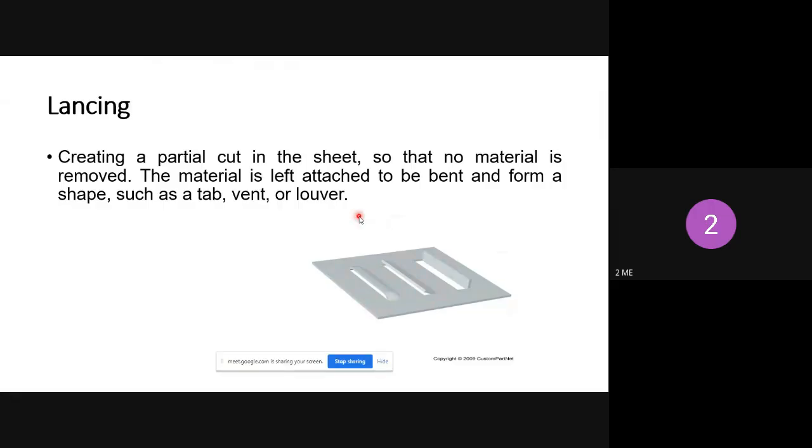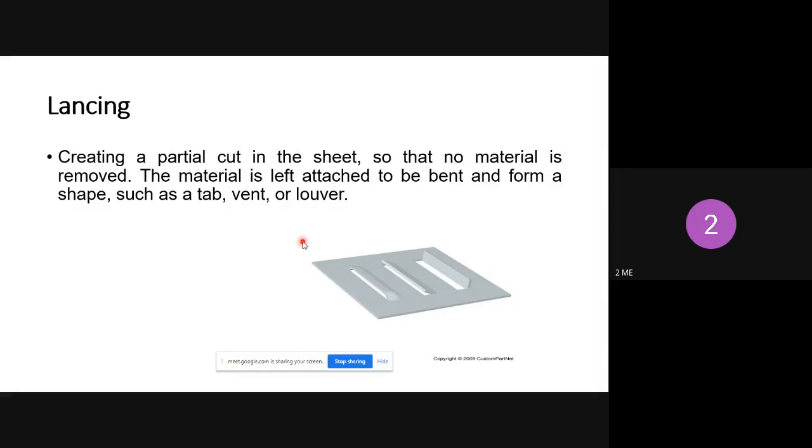Initially we mark the dimensions on the sheet metal, and a certain portion is cut with the help of a ram or punching process. That part is not separated from the workpiece. Instead, we bend it to a certain angle, like 90 degrees.